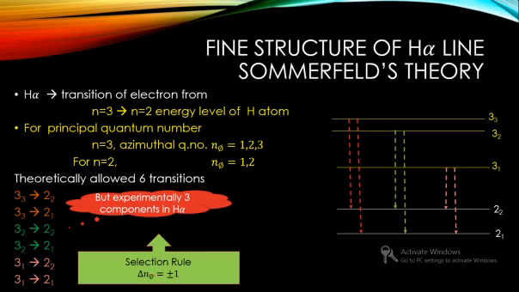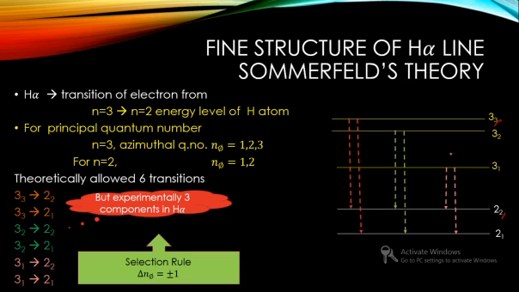That is, a transition can happen only between consecutive n_phi values. Let us check which are the possible ones. From 3,3 to 2,2, you can see 3 and 2, so the difference is 1, and it is allowed.